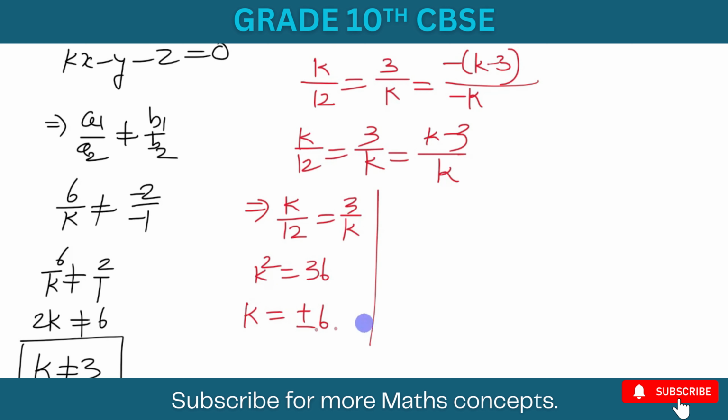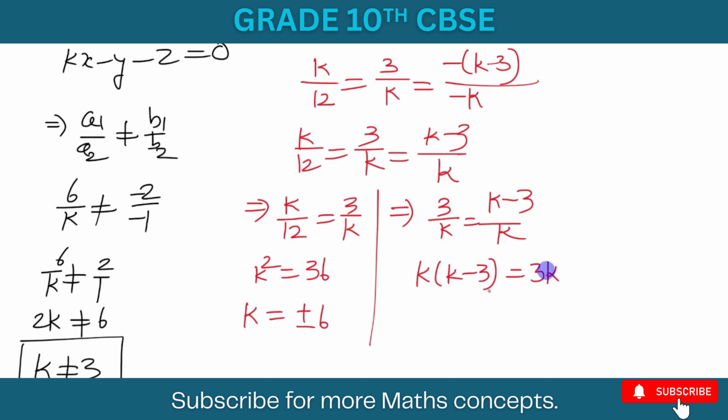But we have to cross check whether these values are satisfying or not. So now I am equating the second and the third statement. 3 over k is equal to k minus 3 over k. Again we can cross multiply. So k times k minus 3 is equal to 3 times k, which is 3k.